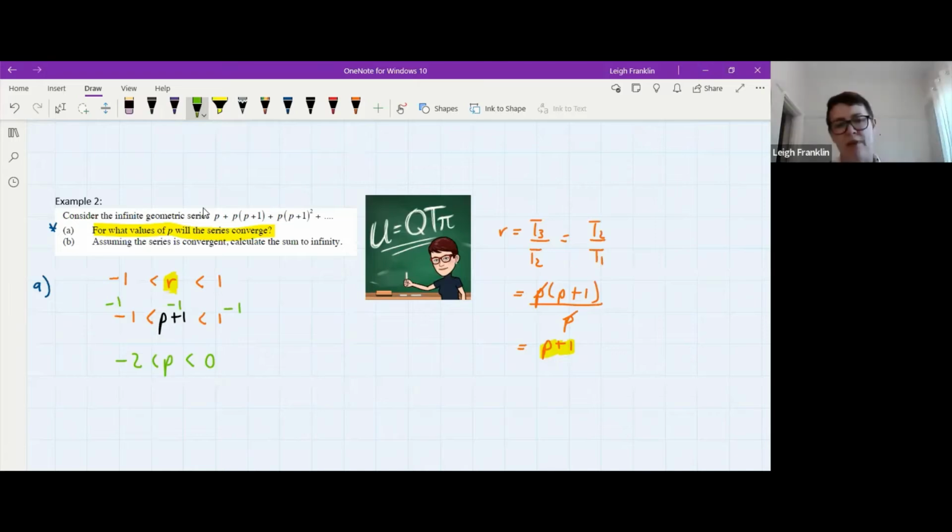So as long as P is a value between -2 and 0, then our series P plus P times (P plus 1) plus P times (P plus 1) squared will converge. How does that feel? Does it make sense? Are there any questions? Are you guys happy with that?